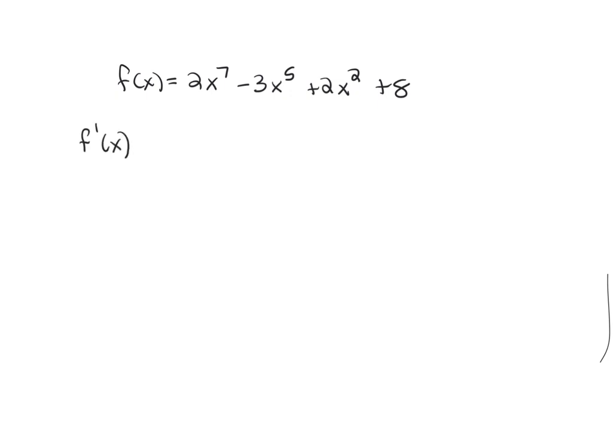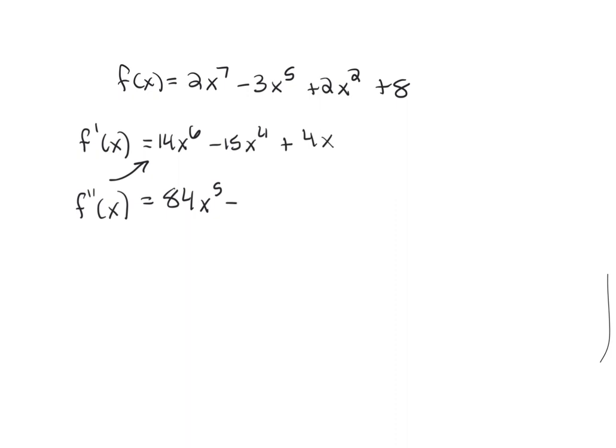So the first derivative is 14x to the 6th minus 15x to the 4th plus 4x. And then the second derivative is just take the derivative of the derivative. So 14 times 6 is 84, 84x to the 5th minus 60x to the 3rd plus 4.